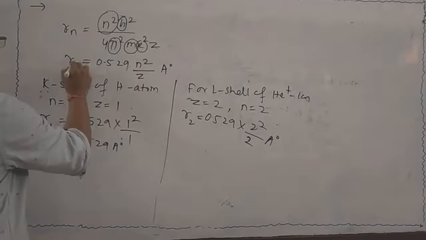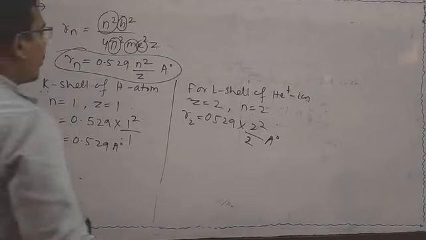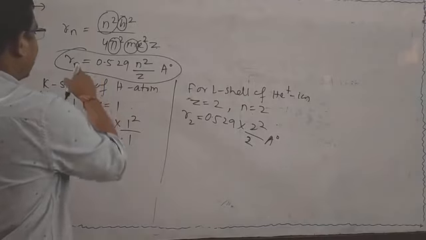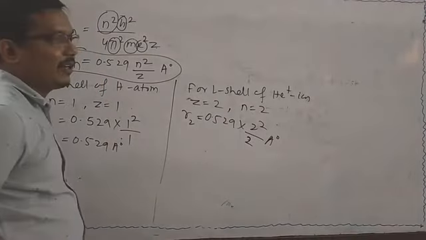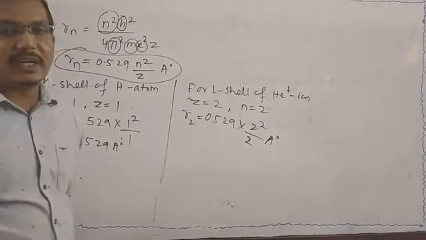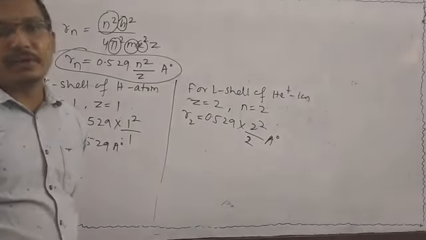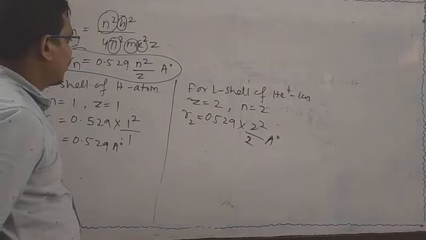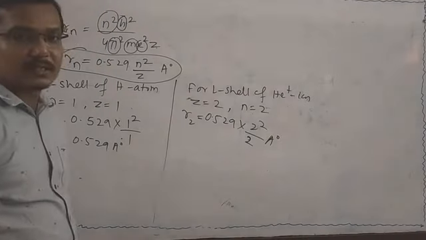This is the answer. This is the general representation for the calculation of the radius of the nth orbit of hydrogen atom and hydrogen-like ions such as He+, B2+, Li3+.